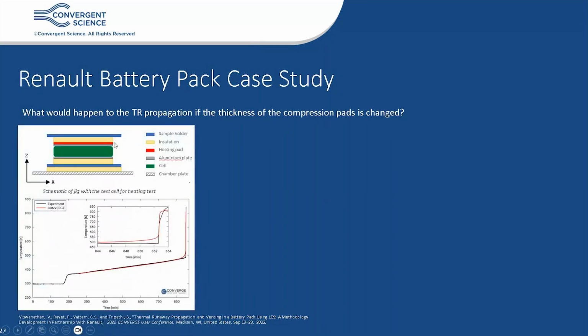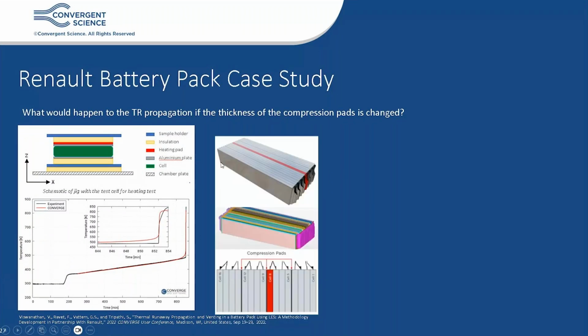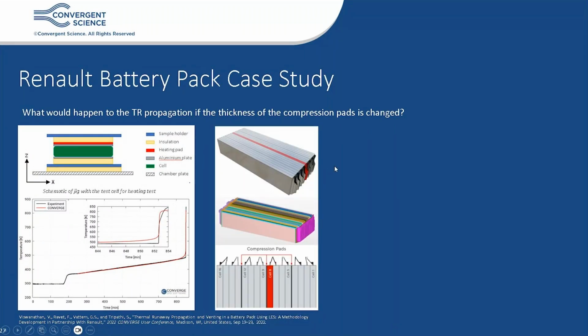Again, we started off with single cell experiments, got experimental data, and calibrated the mechanism, and then we switched over to a pack level simulation. In this Renault pack, we trigger cell 8 in the center, and then we seek to study thermal runaway propagation to adjacent cells and also across these compression pads, which are placed in between a group of 4 cells.